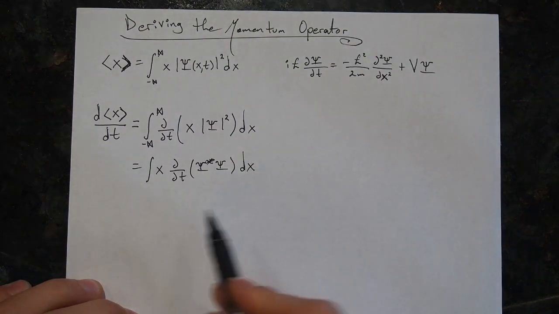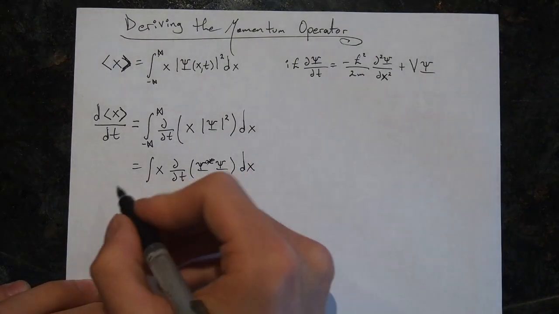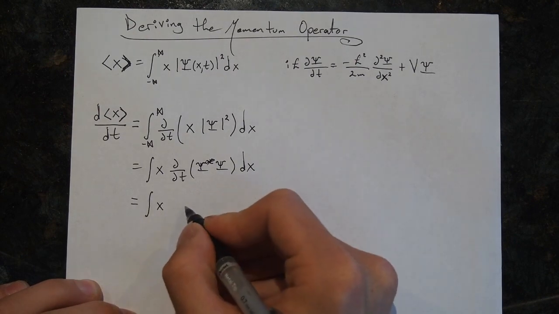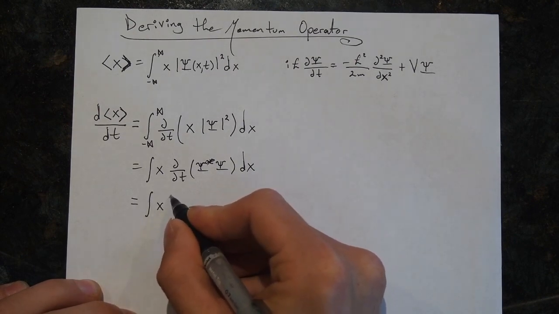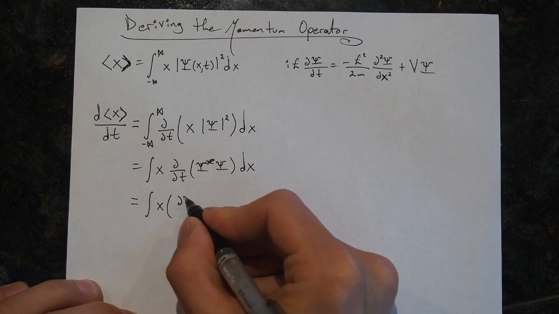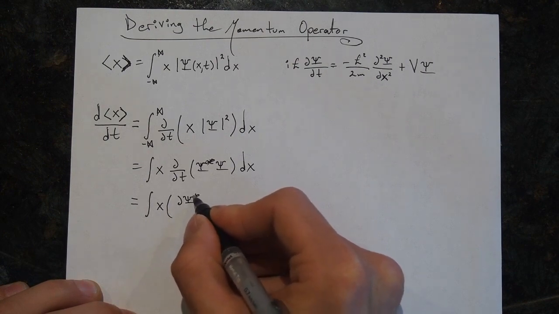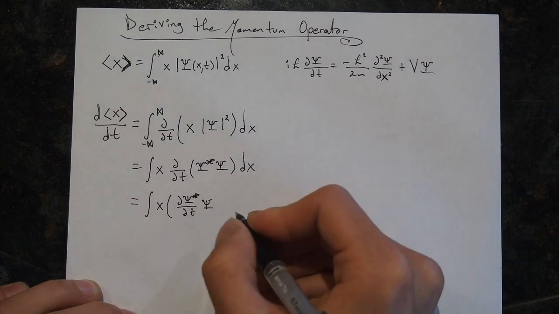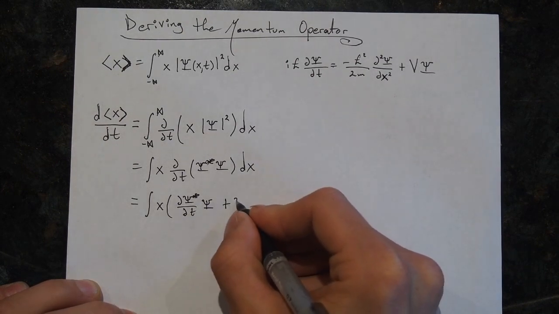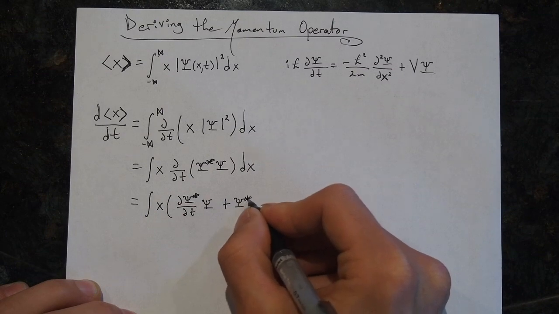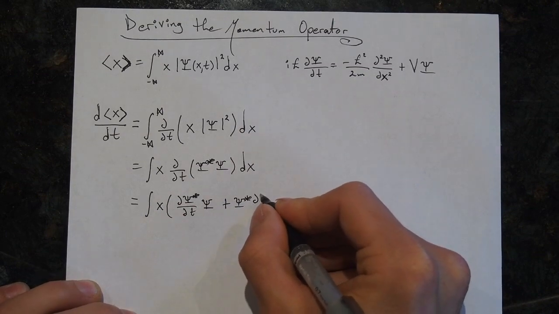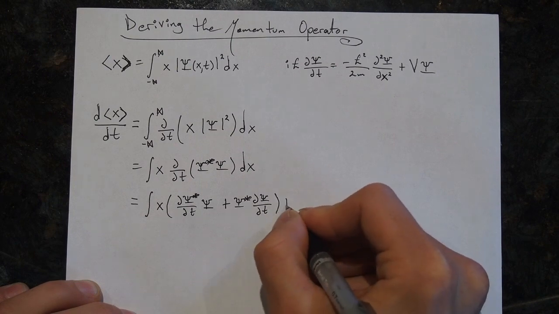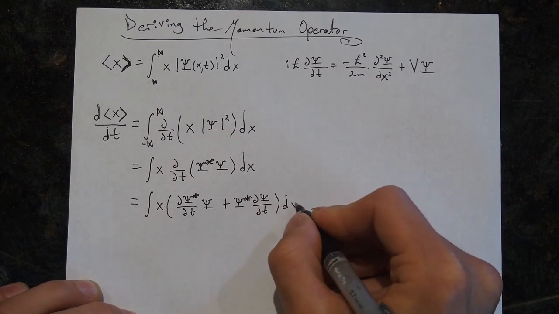Alright, so we're going to use the product rule, and this is going to become the integral of position times the partial of the conjugate with respect to time times the original wave function plus the conjugated wave function times the time partial of the original wave function, dx.